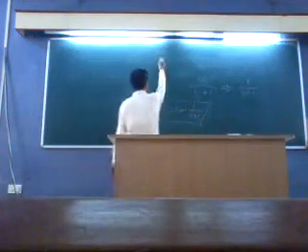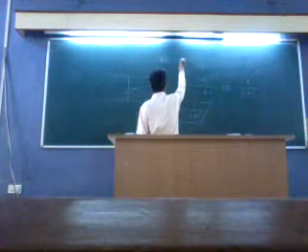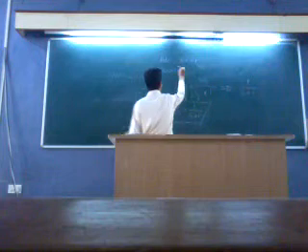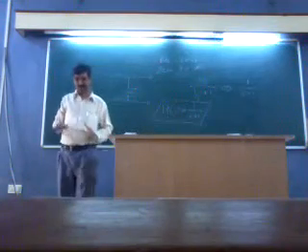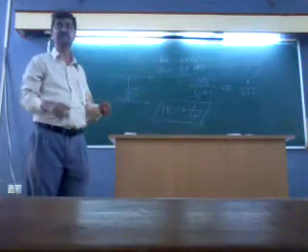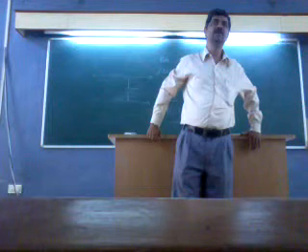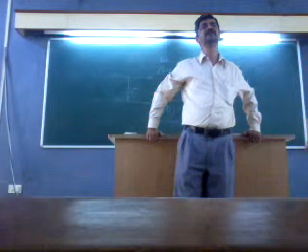So the pole is at s equal to minus 1 and the zero is at s equal to infinity. What is the significance of zero at s equal to infinity?